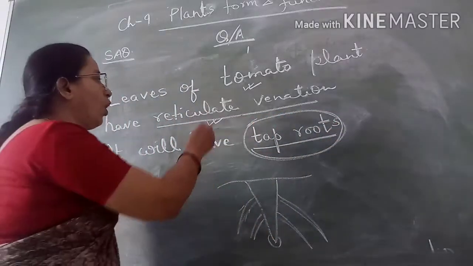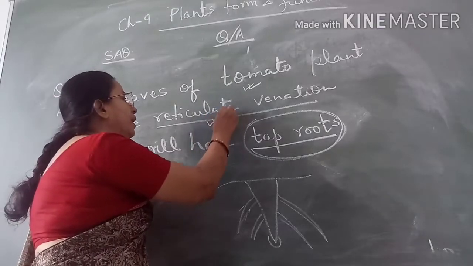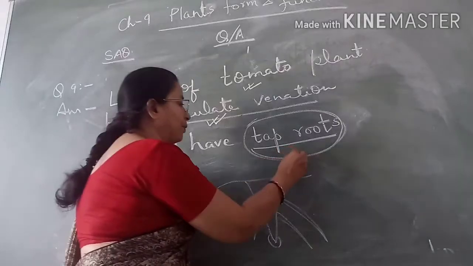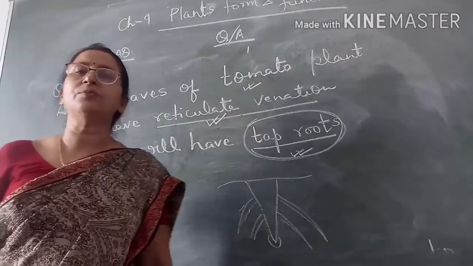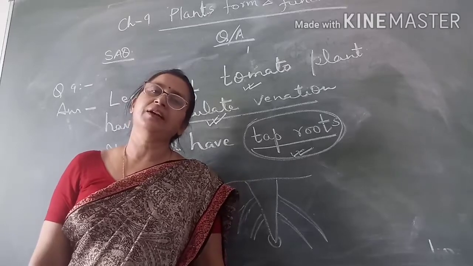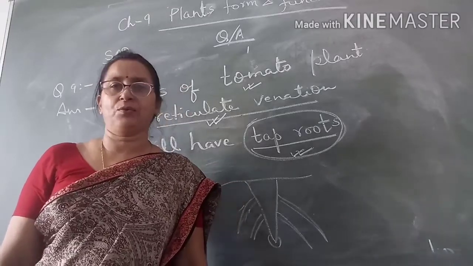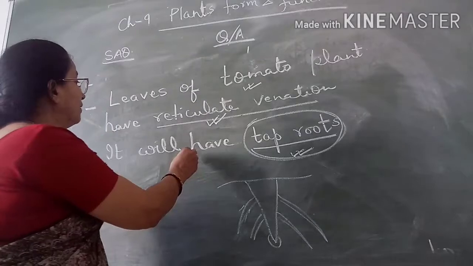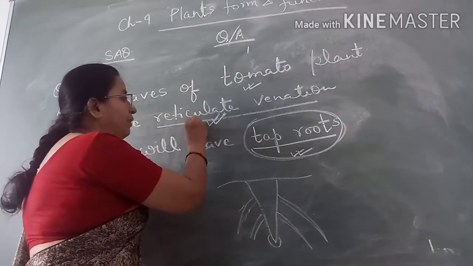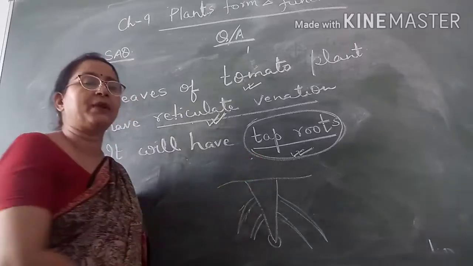Actually, all the plants which have reticulate venation contain taproot, and all those plants which have parallel venation will contain fibrous root. Now when Neeru observed reticulate venation, which type of root will be present?